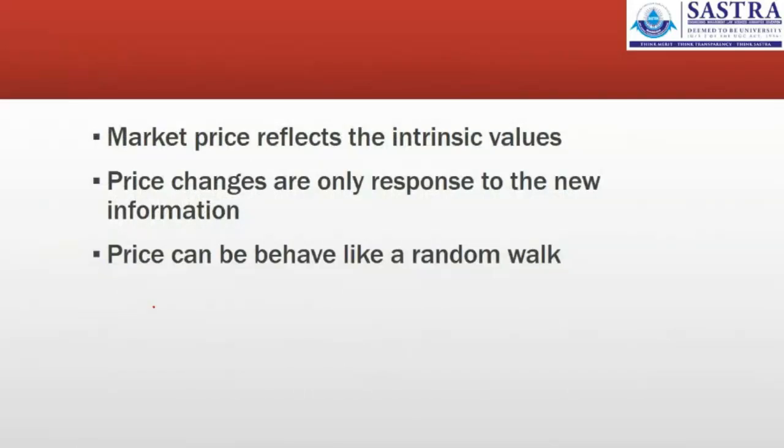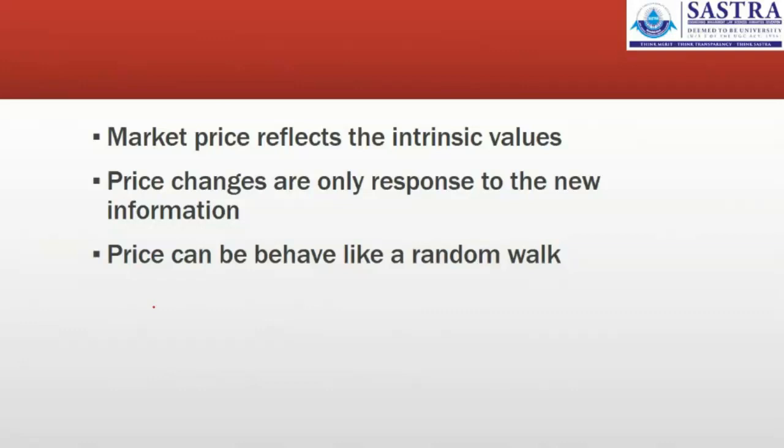It is found that the intrinsic value, or the real value at which the stocks are to be traded in the market, has been identified. If the market prices reflect the intrinsic value, it means the market prices are in and around the intrinsic value.